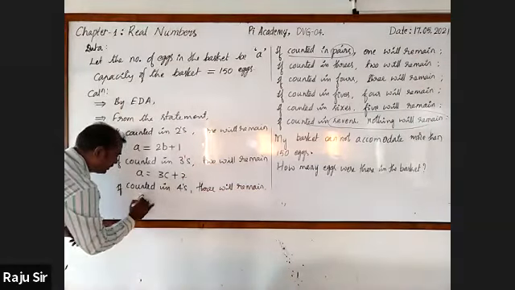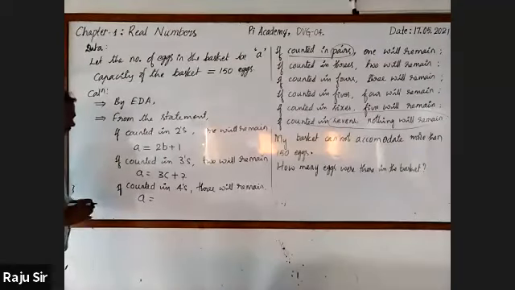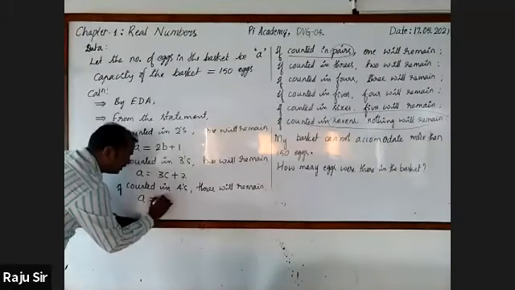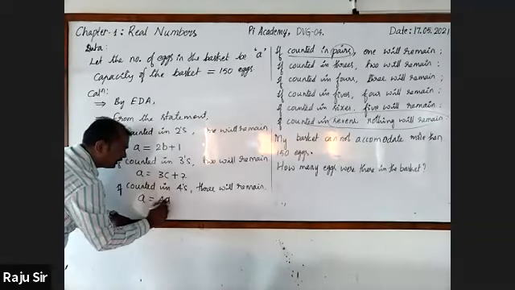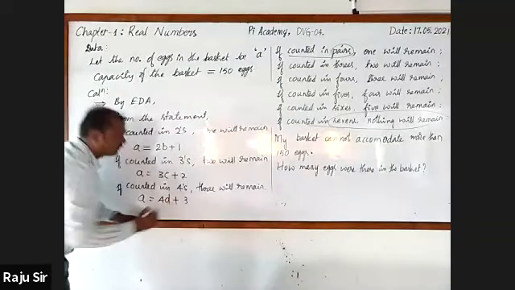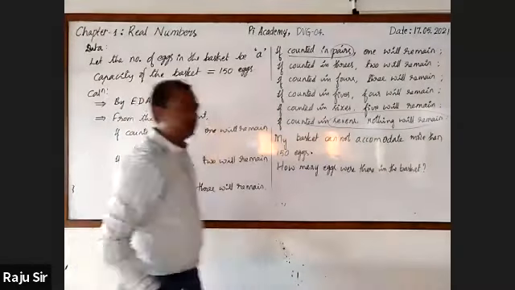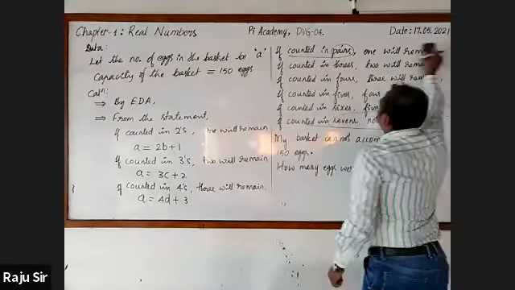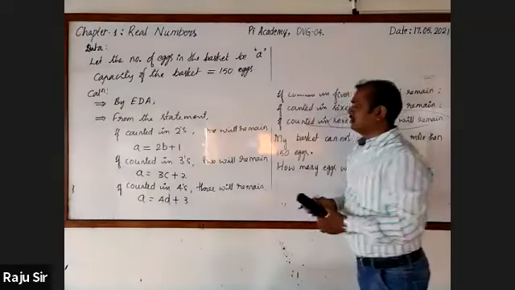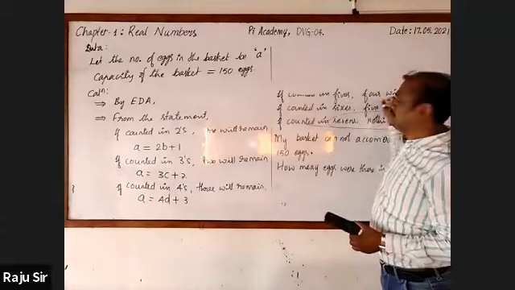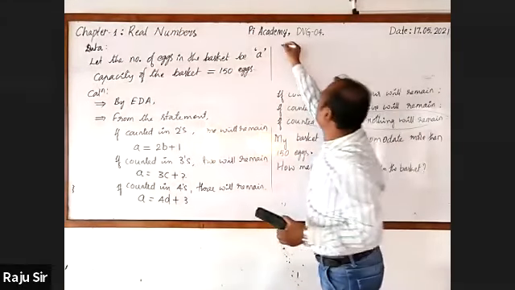Then the total number of x is a, and this can be written as a multiple of 4. That is 4. I have taken here c, then I'll take d, plus remainder will be 3. Next, another response is, if counted in 5s, 4 will remain.